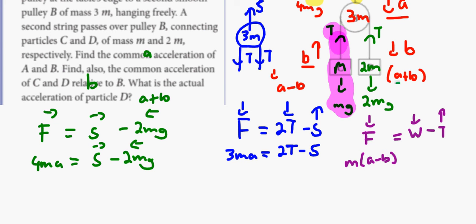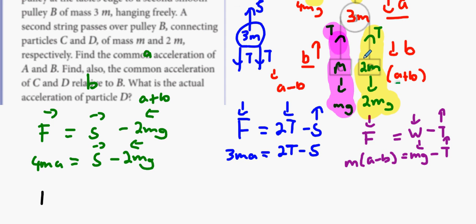So weight is mg minus T. Now, if we argued that instead of going downwards, it was actually going upwards, we can change it around, and we could have said that m times b minus a equals T minus mg. So it would have been just the opposite way around. It would have been the minus 1 version of that. I'll do that in a second as well.